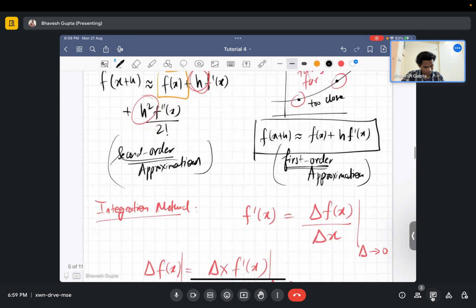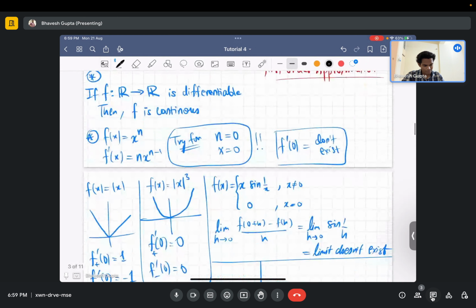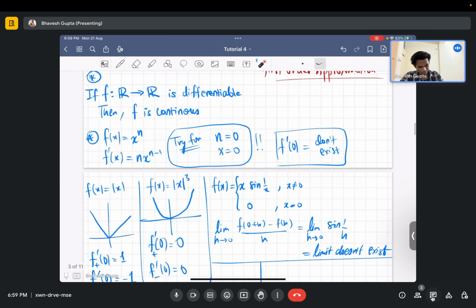Okay, so let's go to the next part. The next part basically tells you the same exact result which I have told earlier. If the function is differentiable, then the function is also continuous. Let's say you know a function, right? And you are just trying to calculate the derivative the simple way you calculate derivatives, and this turns out to be this. But when you are taking a derivative, you need to make sure what you are doing.